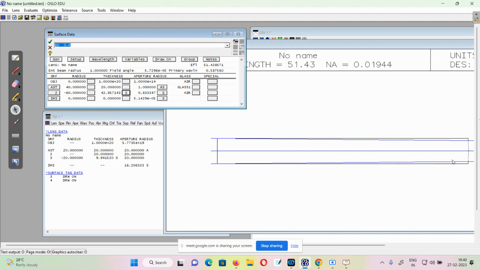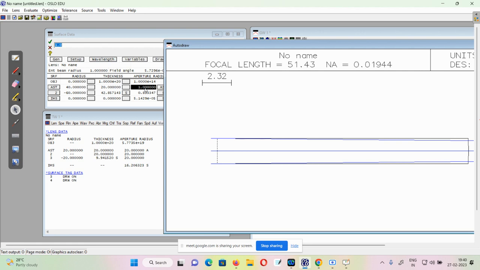So you know why it is showing this kind of big thing? Yes, sir. Because we didn't give any image parameter and other things. If you increase that thickness, you can see that it is giving this, because that aperture stop is 1 mm.